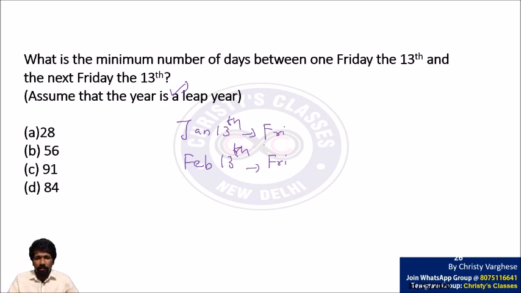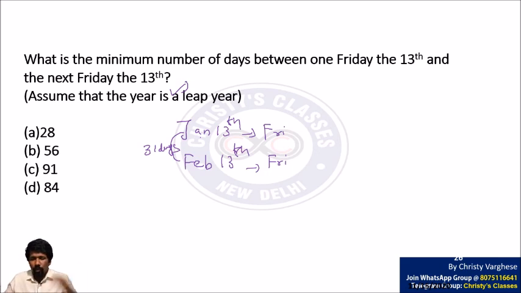365 is not a multiple of 7, that is why calendars don't repeat in the next year. Same way month wise also, Jan 13 and Feb 13, if you count the number of days in between, 31 days will be there in between. Why 31? Jan 13 to Jan 31st, then Feb 1 to Feb 13.